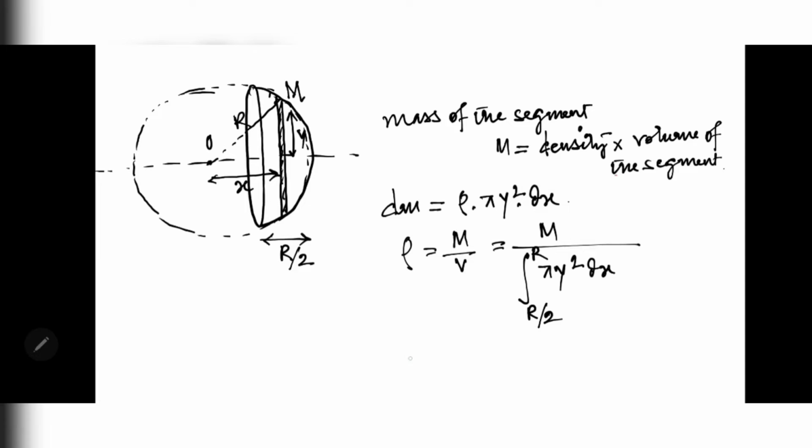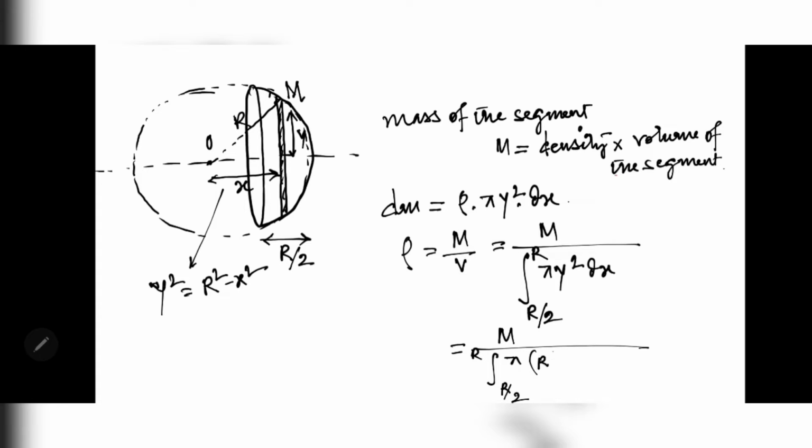Here according to the diagram, y square equals r square minus x square. Now put the value here: m by integration of r/2 to r, pi into r square minus x square dx.